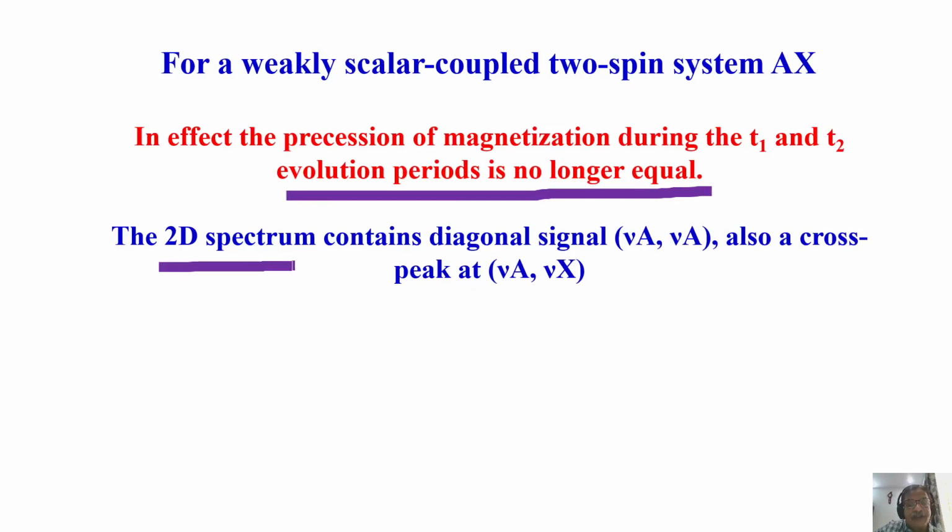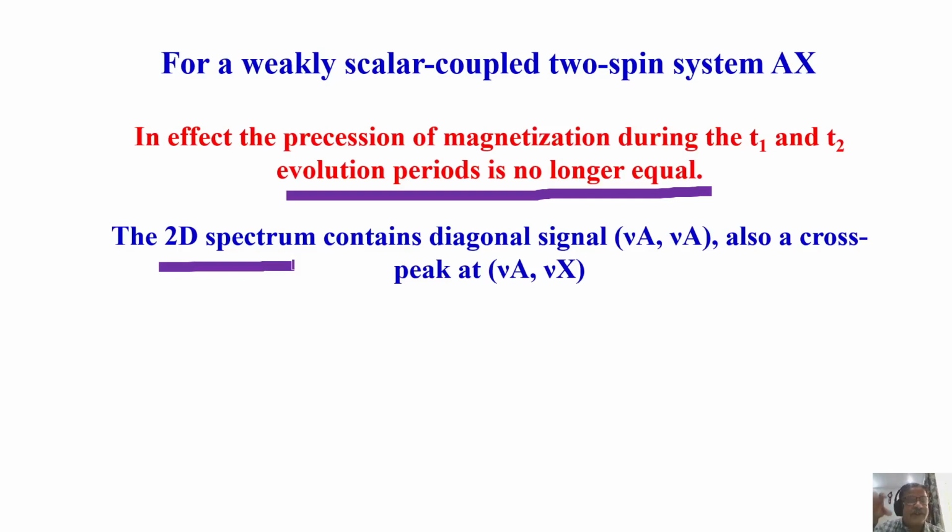So what happens in the 2D spectrum? Because the magnetization is given to X in the T1 period, in the detection dimension X will have its own precession frequency plus the frequency obtained from spin A. So it will appear at two frequencies, one at nu A and one at nu X. What happens to the precession frequency of nu A?